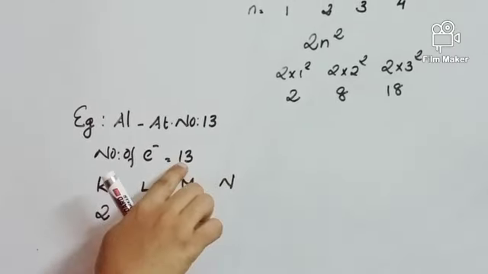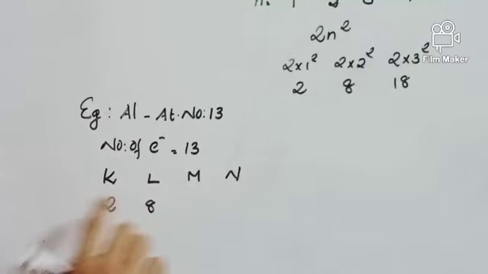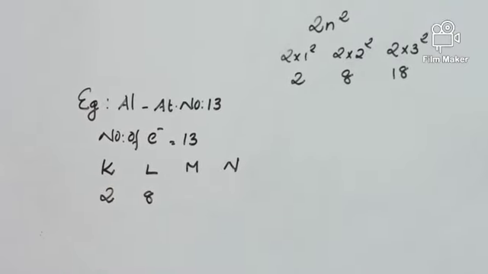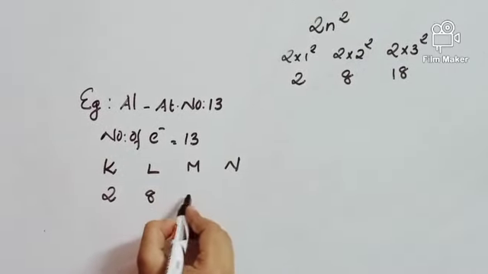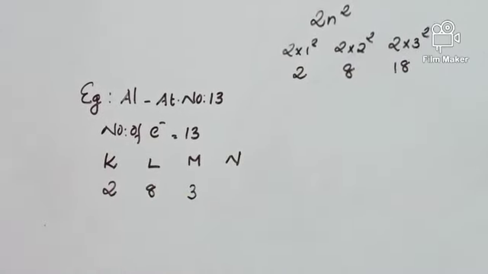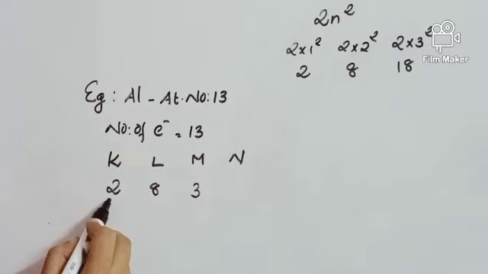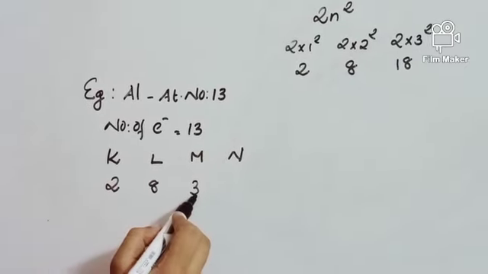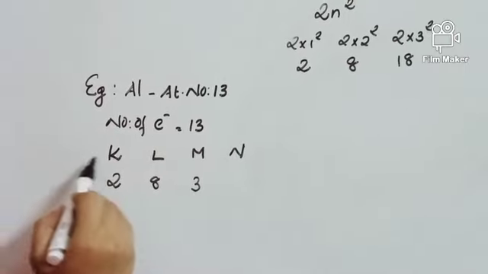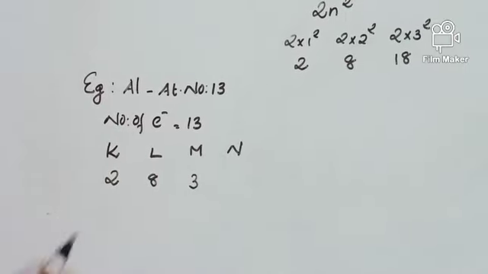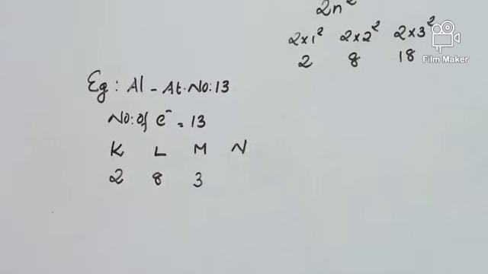From 13, we have distributed 10 electrons, so 3 remain. The M shell, which can hold a maximum of 18 electrons, gets the remaining 3. So 2 plus 8 is 10, plus 3 is 13. The 13 electrons of aluminium are distributed to various shells. This is the way of writing electronic configuration.